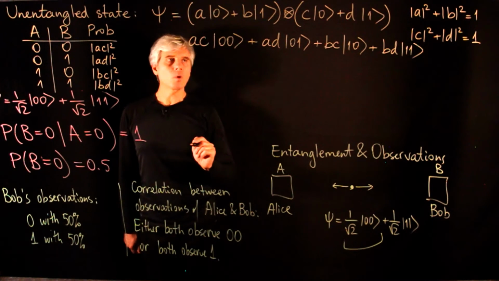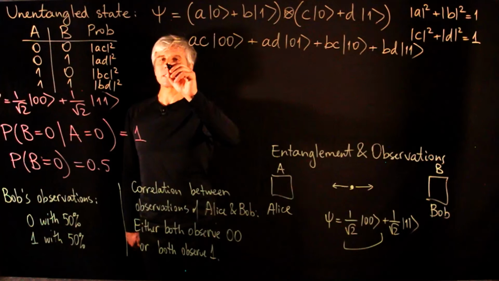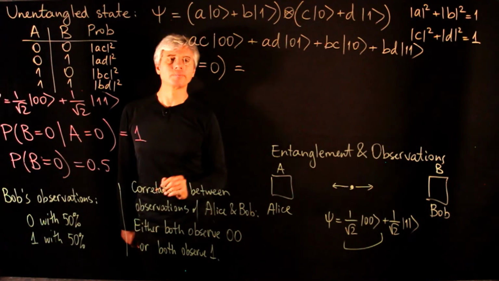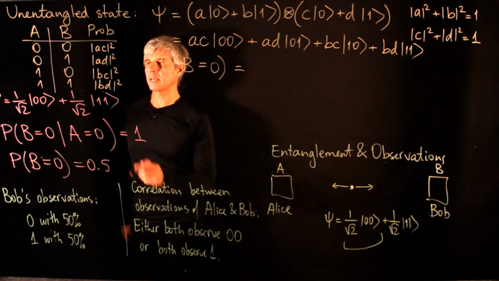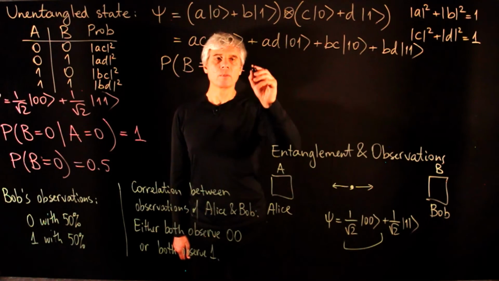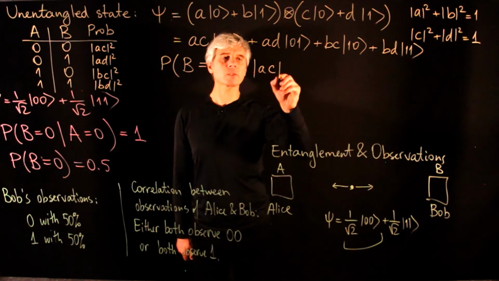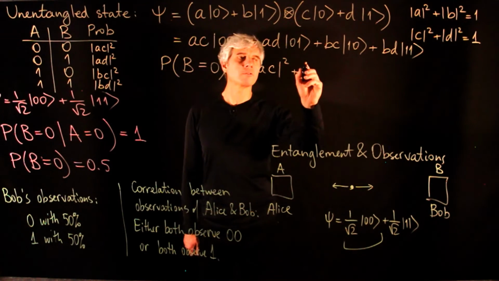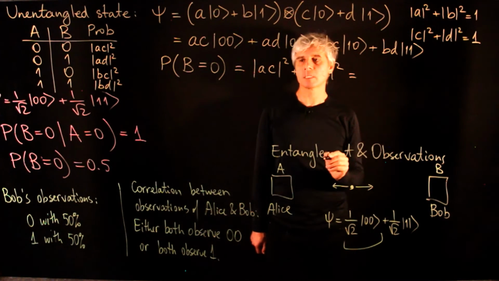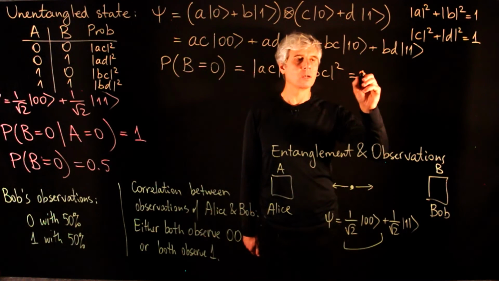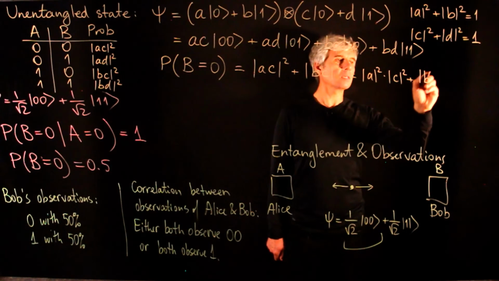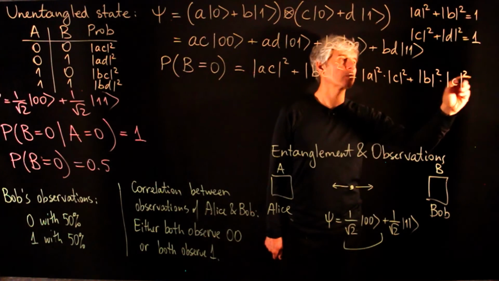Now, what's the probability that Bob observes 0? So this probability is the sum of the 2 probabilities here. So this is norm of AC squared plus norm of BC squared, right? This is the same as norm of A squared times norm of C squared plus norm of B squared times norm of C squared.